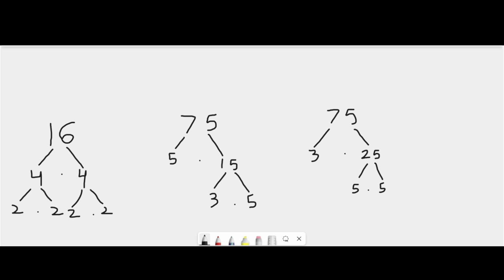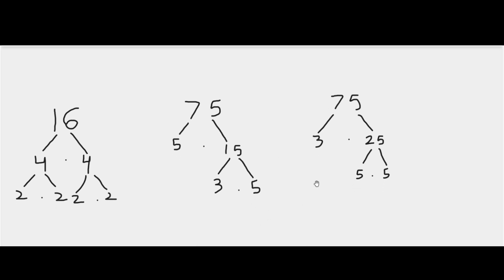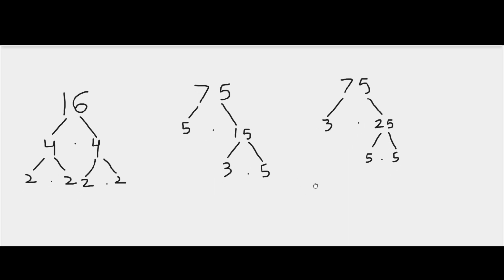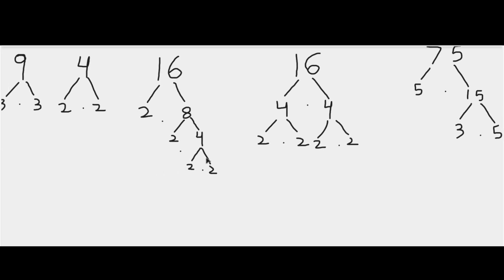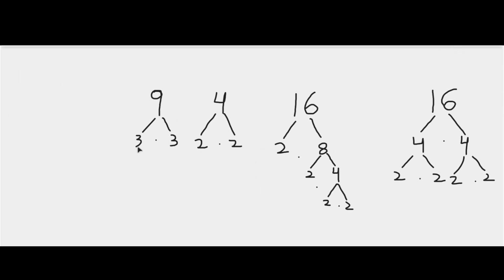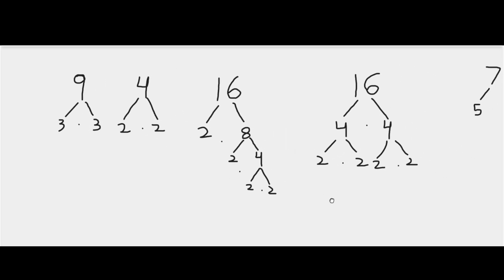Again, both ways are correct. And this time they're actually even. It's just you can have both of your 5s paired together here, or you can have your 3 and your 3 over here, or you can have a 5, a 3, and a 5. It doesn't matter what way you do it. It just matters that you eventually get there. It doesn't matter how many steps it takes, what steps you take, as long as you get here in the end, you will be fine.